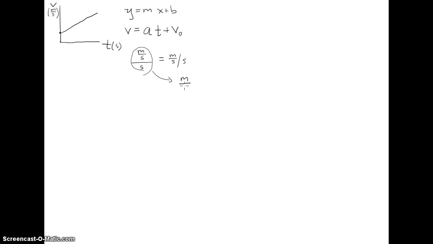So instead of dividing by s, I'm going to multiply by the reciprocal of s, which is 1 over s, which gives me m times 1 is just m, so meters, and seconds times seconds is seconds squared. I'd like you to think of the units of acceleration as meters per second per second, but when we write them, if you want to take a shortcut, meters per second squared works as well. So this is our first kinematic equation.